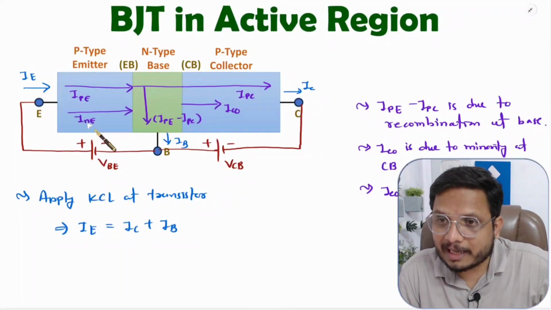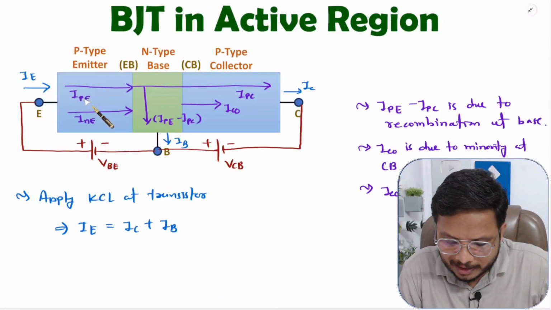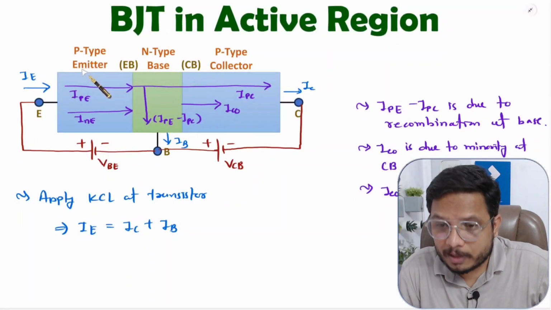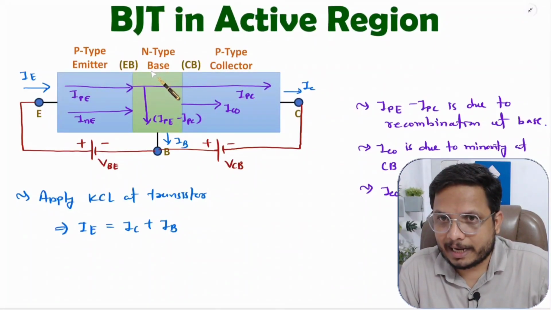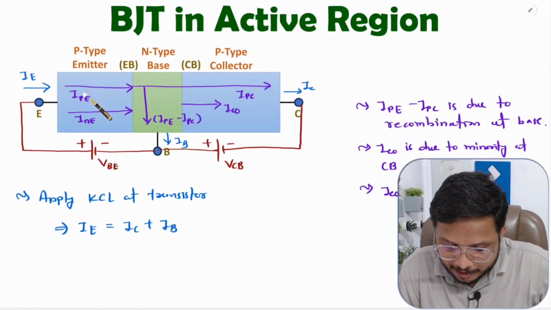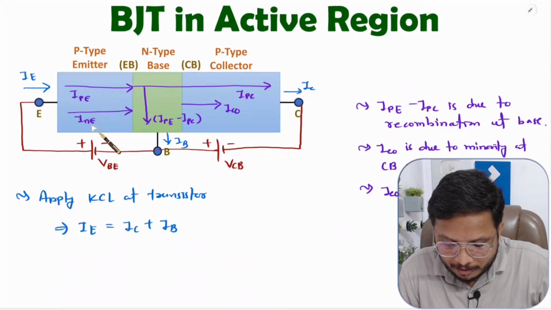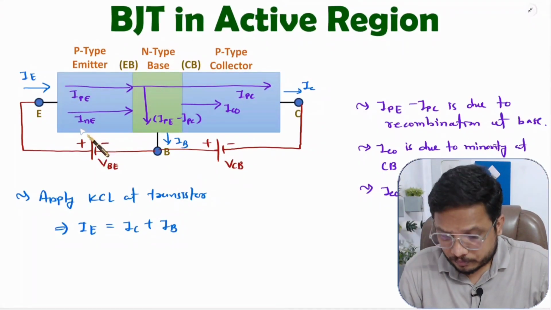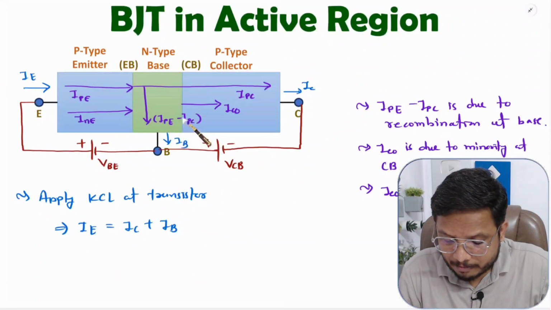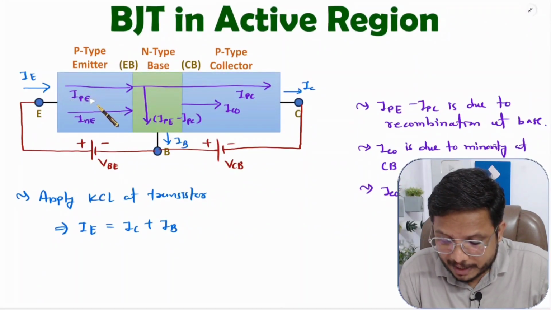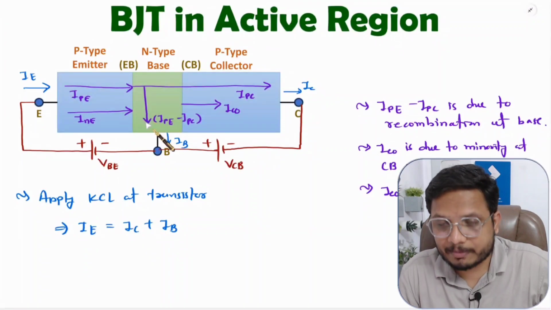The value of INE is lower compared to IPE. Why? The reason is the emitter is heavily doped compared to the base, right? But still at the emitter the total current is IPE plus INE. Here the recombination current at the base is the difference of IPE and IPC, because recombination is happening over here.